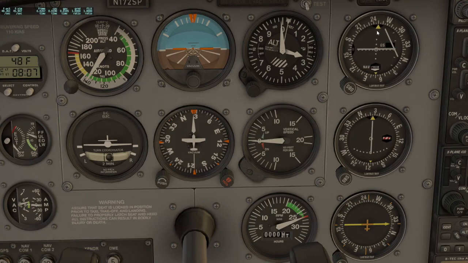You can actually keep the radial here and turn to 070, or you can pick that as a TO. So instead of a from radial, it's a TO, and we can select here 070 TO that we need to intercept, and that would be the 250 inbound.